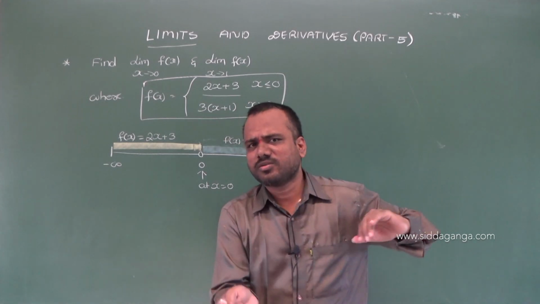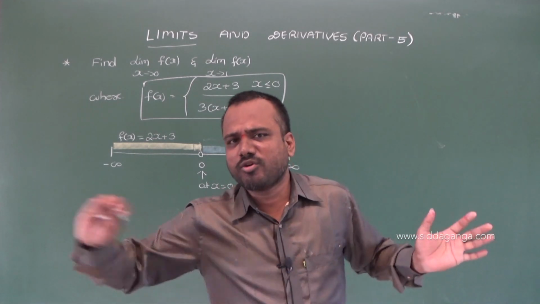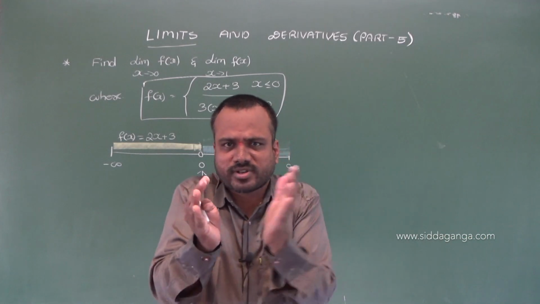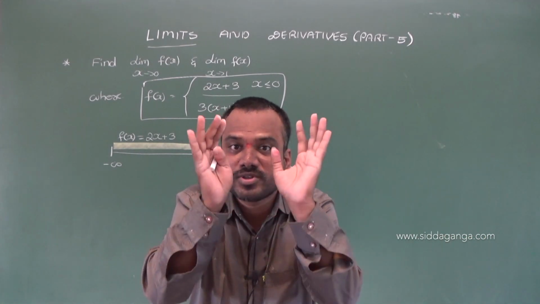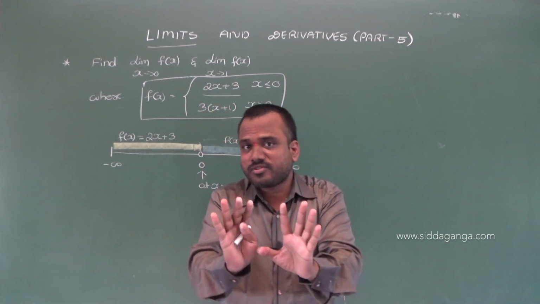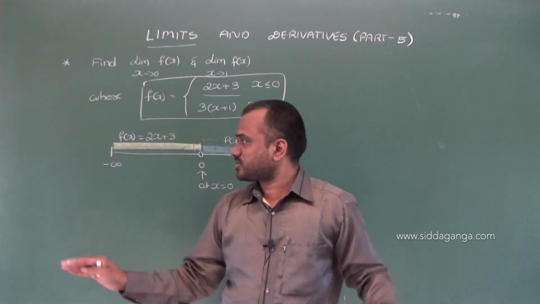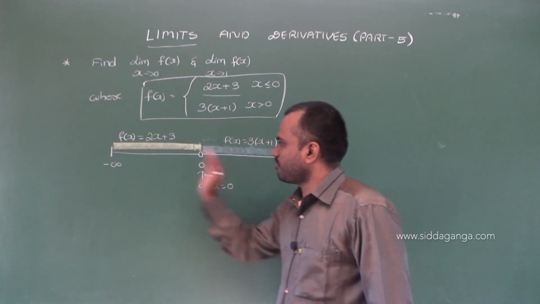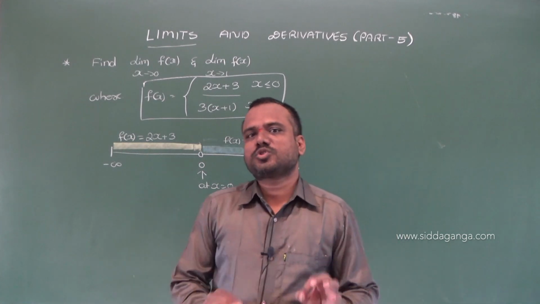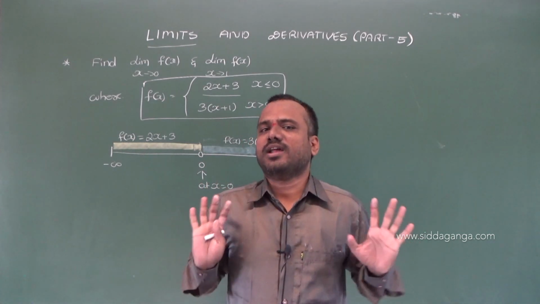What we discussed in all previous problems: if you approach from the left side or from the right side, the function must be the same, meaning the given function is defined for all real numbers, from minus infinity to infinity. So that's why we were finding only one value.